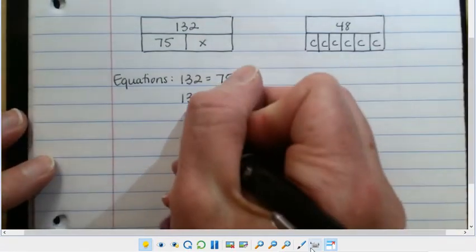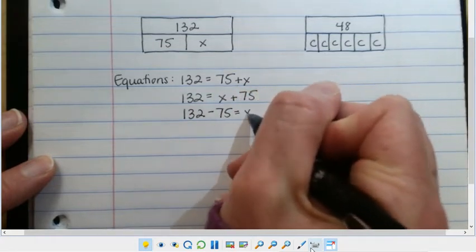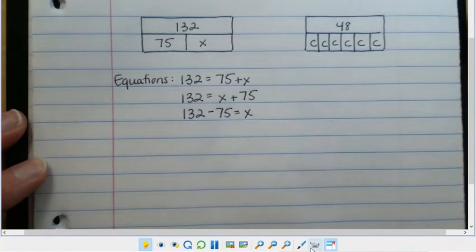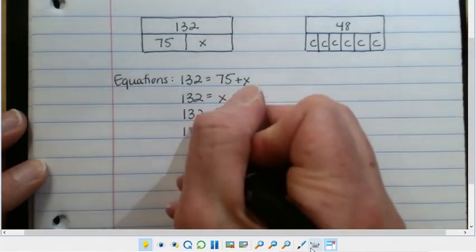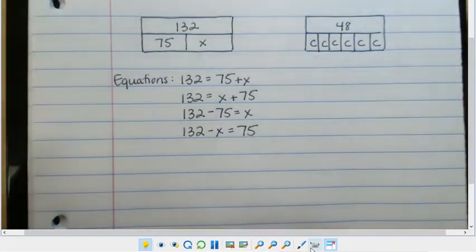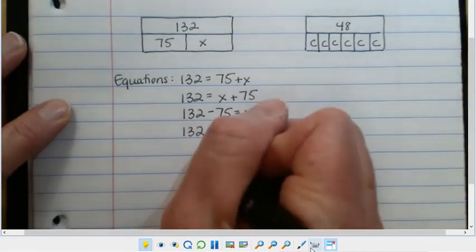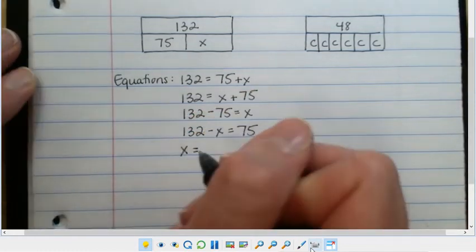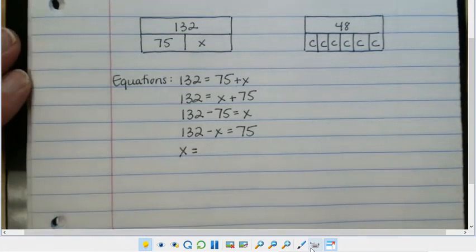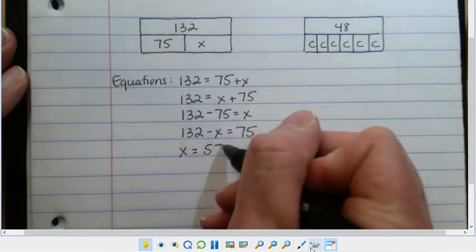I could have had, then if I do subtraction, 132 minus 75 equals x. And 132 minus x equals 75. So all of those equations would have worked out perfectly. And then if you didn't solve for x, pause the video and solve for x. And x should have been 57.